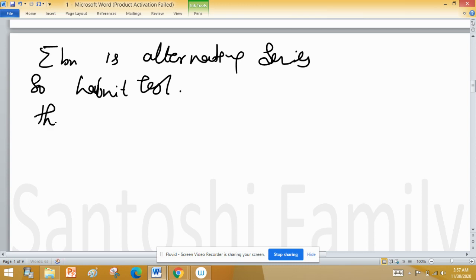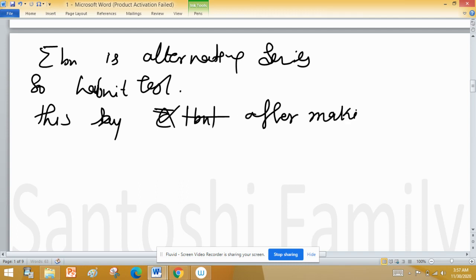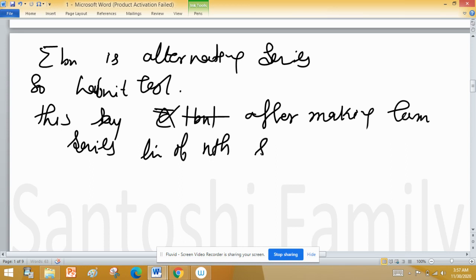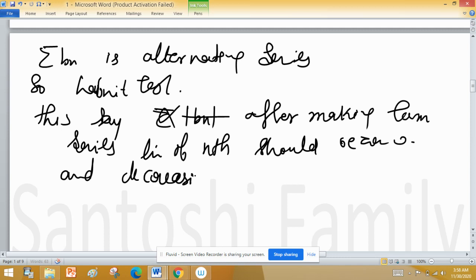This says, after making it a positive term series, the limit of the nth term should be 0, and the sequence should be decreasing.